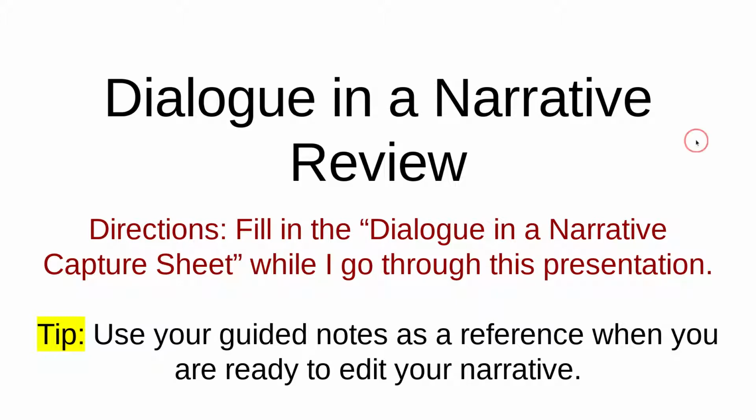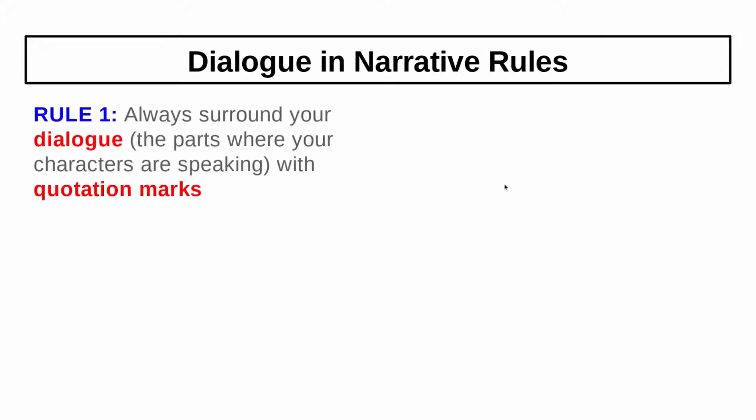So let's get started. First, there are 4 rules for writing dialogue in a narrative. Rule number 1, always surround your dialogue, or the parts where your characters are speaking, with quotation marks.